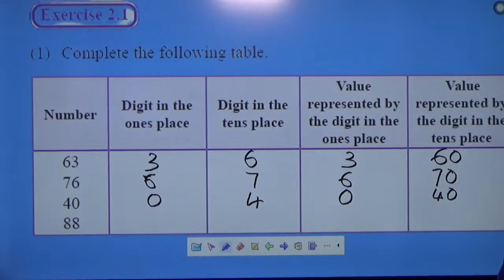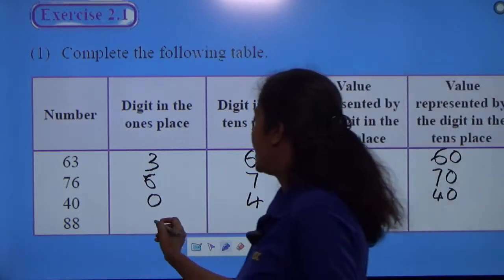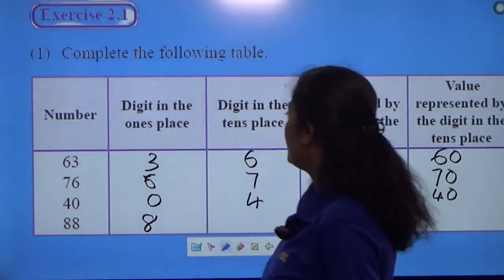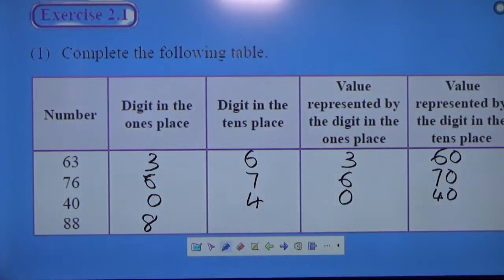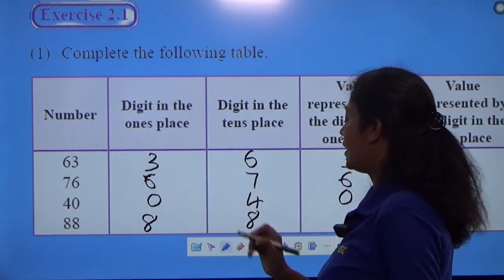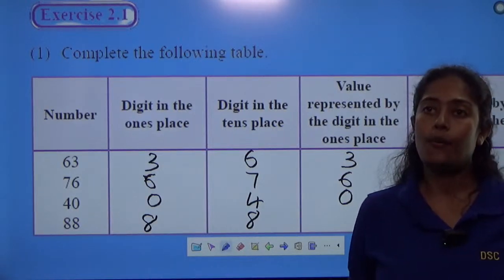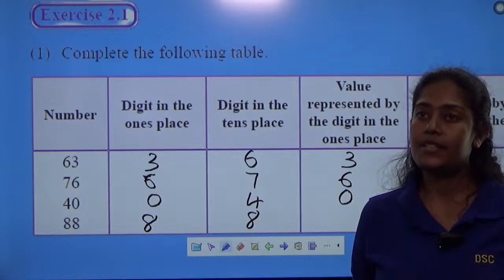The last question, the digit in the ones place is 8. Then the digit in the tens place again 8. Then the value represented by the digit in the ones place. What is the value?